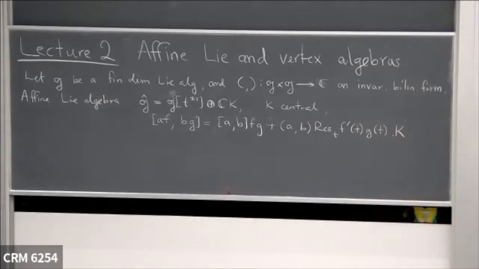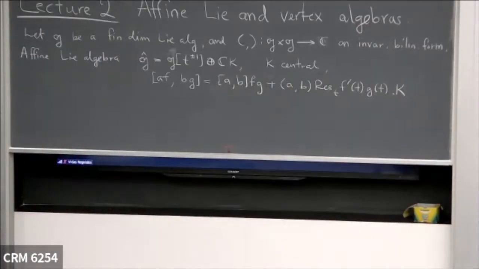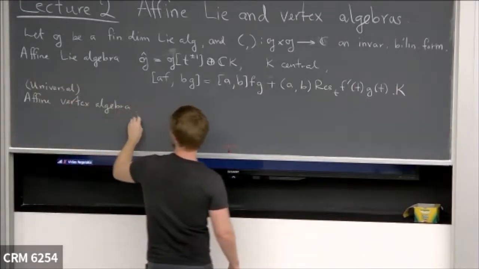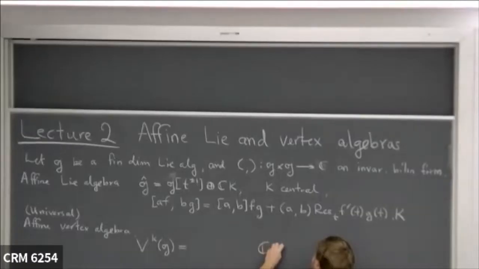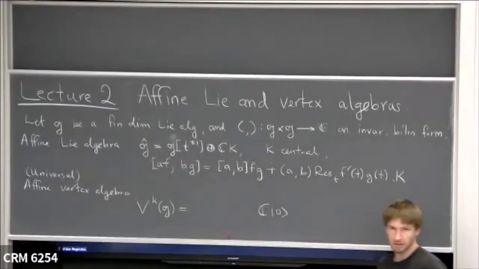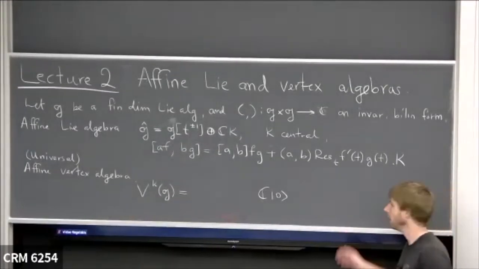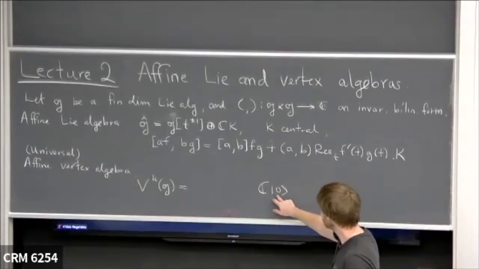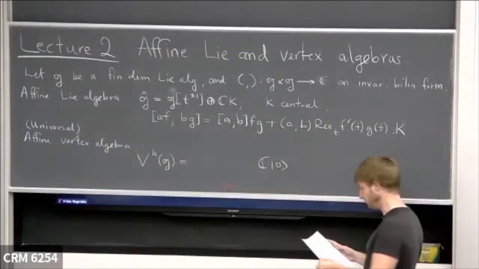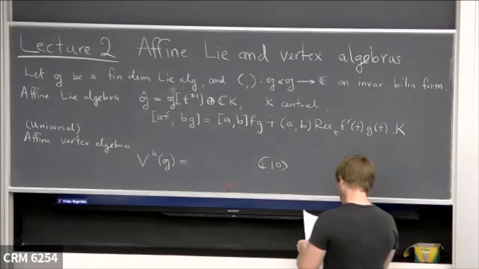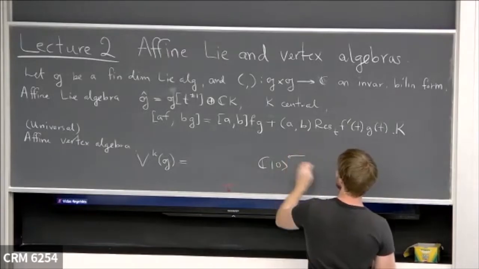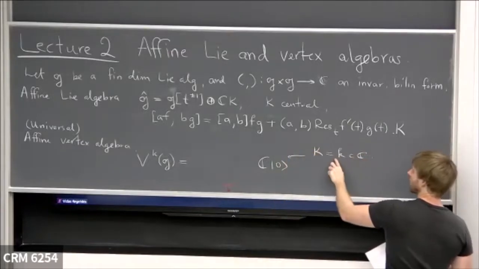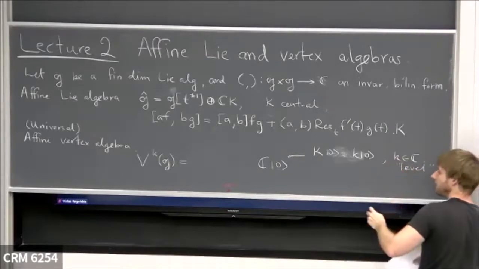And to this, you can associate a class of vertex algebras. So first, the universal one. It's given by starting with a single vector that's going to be the vacuum in the vertex algebra, in which we say that K acts by some constant, which is called the level.